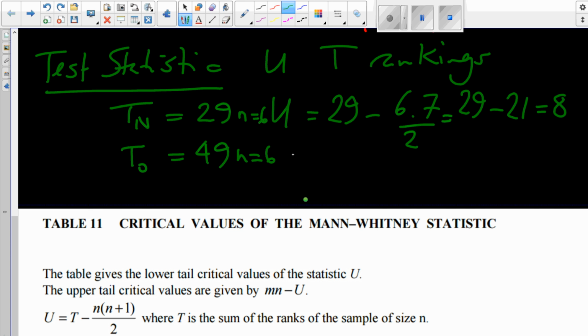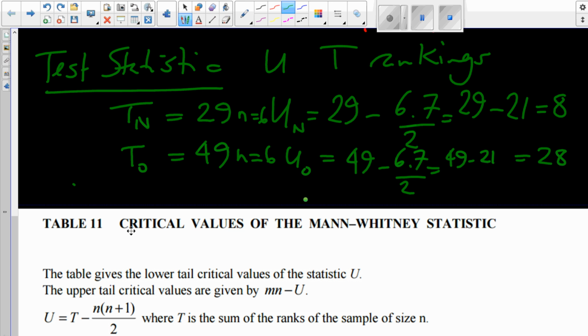And our second U value is going to be 49 minus, again, 6 times 7 over 2. 49 minus 21 gives us 28. So we've now got two U values, and for the table, our test statistic is going to be the lower tail, so the lower of those two. It's going to be 8.